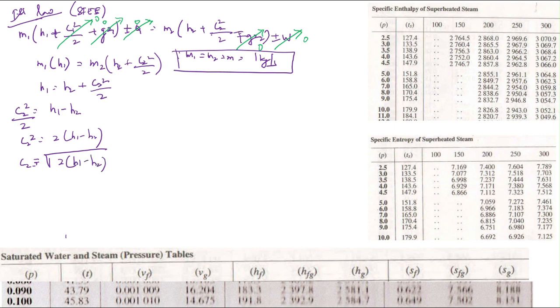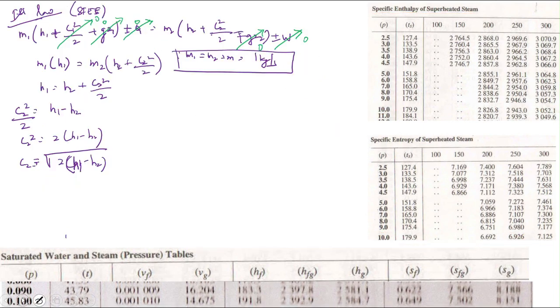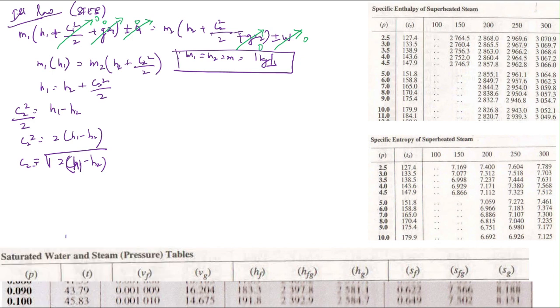Here we have one confusion. Note that the unit of velocity, c2 square, is meter square per second square, while the enthalpy unit is kilojoule per kilogram. So how can we balance this equation?